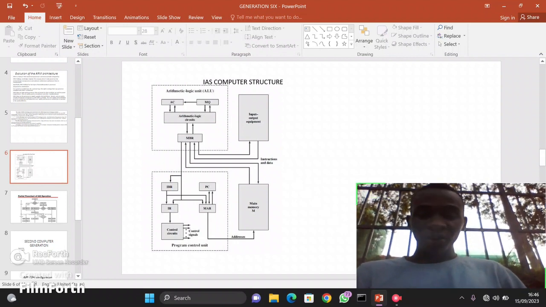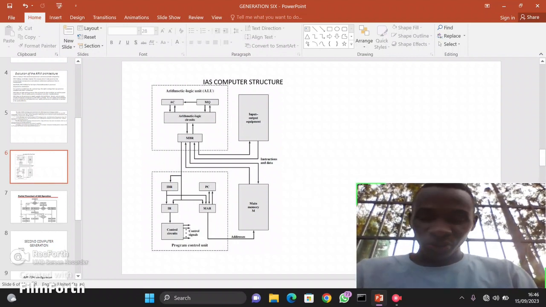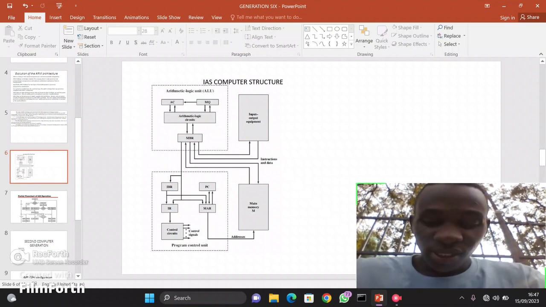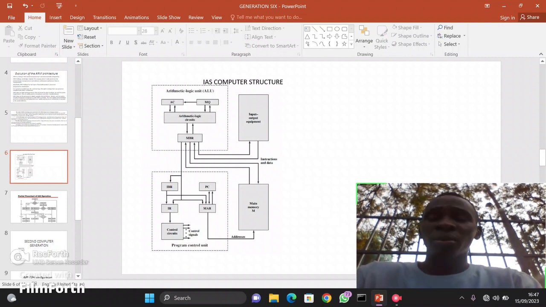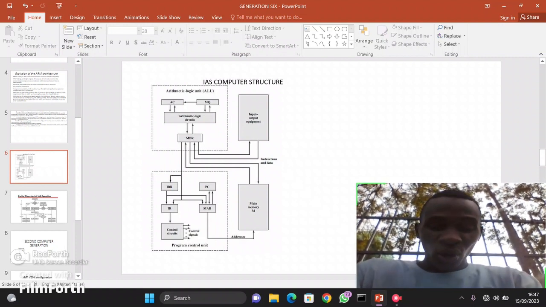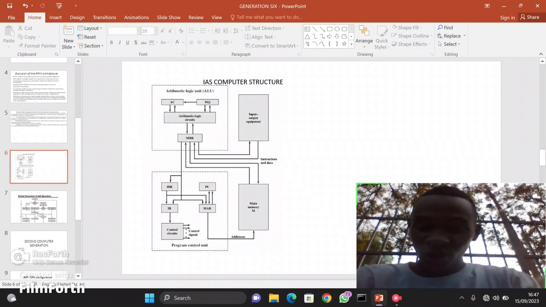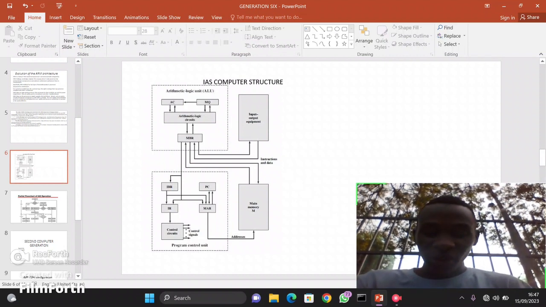So the uses of the different registers: we have the memory buffer register, the MBR, and this contains a word. A word, remember, is a memory location to be stored in memory or sent to the input output unit. Then the memory address register, the MAR, specifies the address in memory of the word. The instruction register contains the 8-bit operation code of the instruction being executed.